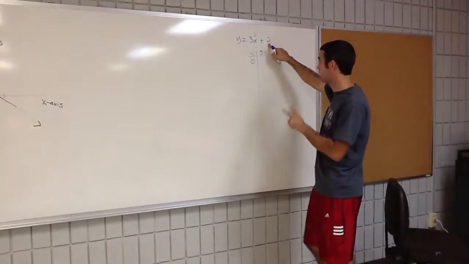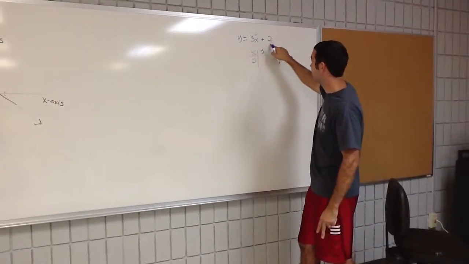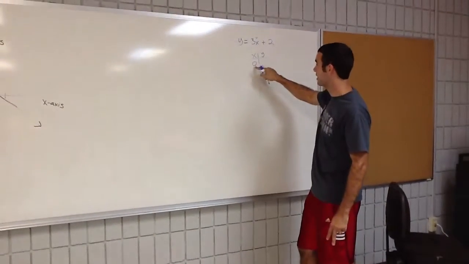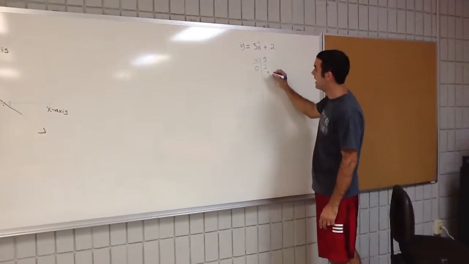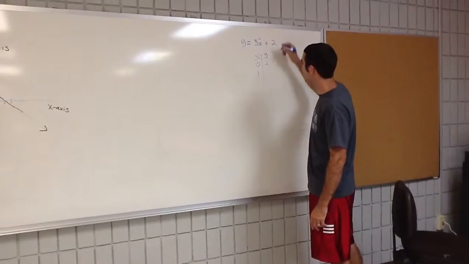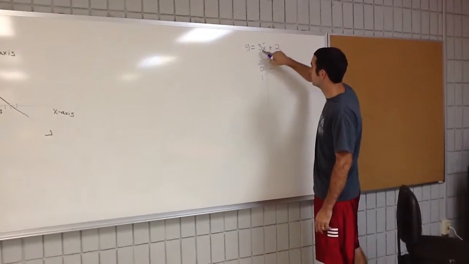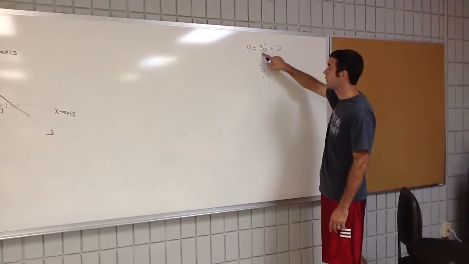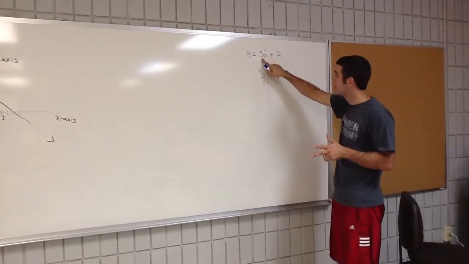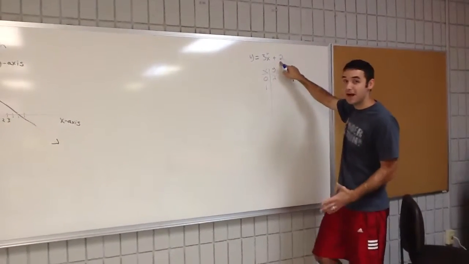So 0 plus 2 is 2. That means y would equal 2 when x is equal to 0. I'll do another one. When x is equal to 1, you plug in a 1 right there, you get 3 times 1 plus 2. Well, 3 times 1 is 3, plus 2 is 5.